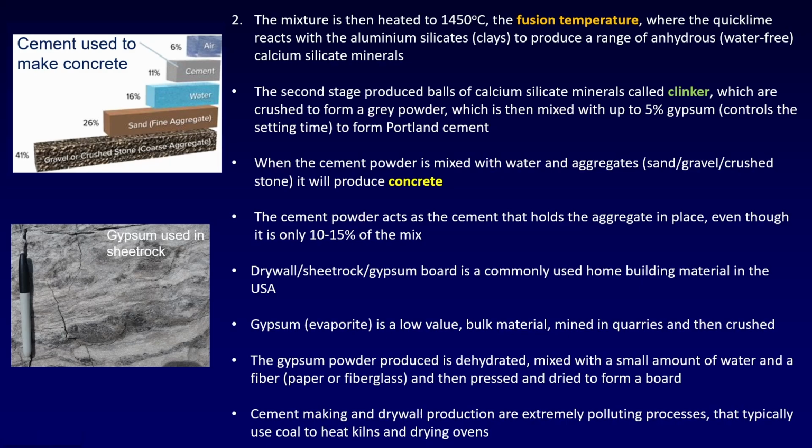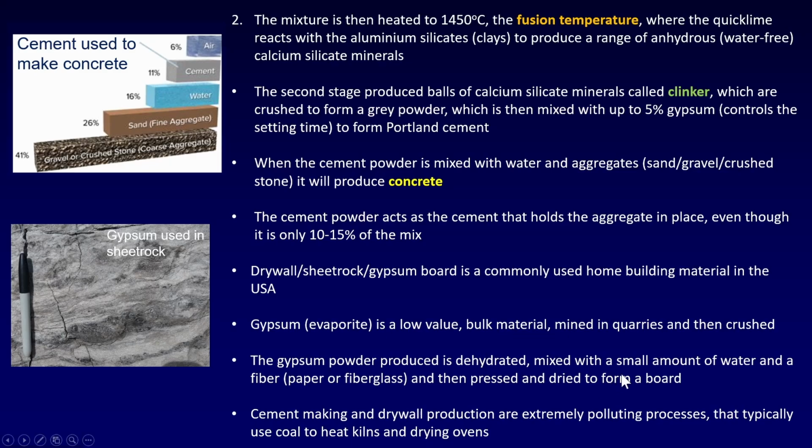Once you've produced your gypsum powder, you are then going to dehydrate it. This involves putting it into a kiln and heating it up to drive off the water which is contained within the mineral gypsum. Once you have dehydrated your gypsum, you end up with a powder of anhydrous gypsum.